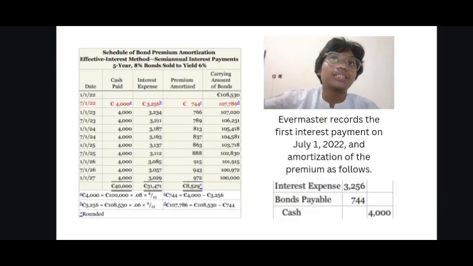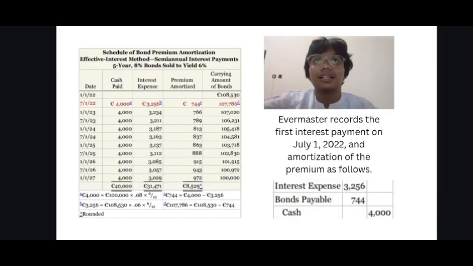So this was the schedule of bond premium amortization, effective interest method, semi-annual interest payment, 5-year 8% bond sold to yield 6%. So Evermaster records the first interest payment on July 1st, 2022 and the amortization of premium as follows: interest expense.